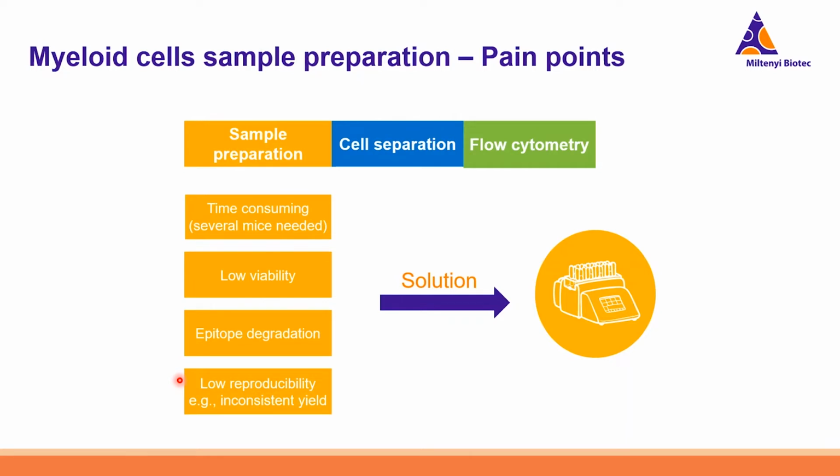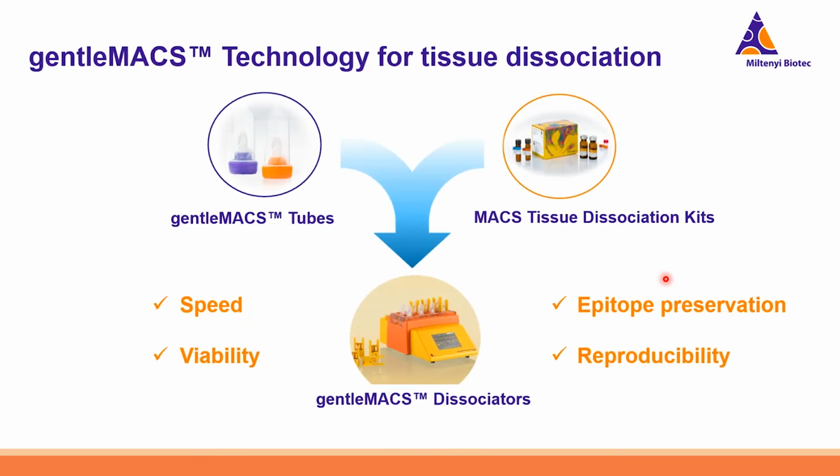As a solution for this challenge, I introduce you to our gentleMACS technology and associated tools. The gentleMACS dissociator is a benchtop instrument for the semi-automated dissociation of tissues into single-cell suspensions or thorough homogenates. We have two types of unique gentleMACS tubes used with the instruments, and these enable the time-saving and easy dissociation or homogenization of tissues in a closed system.